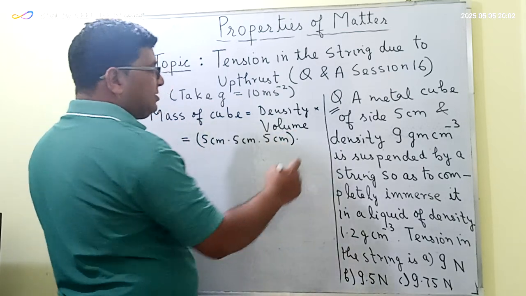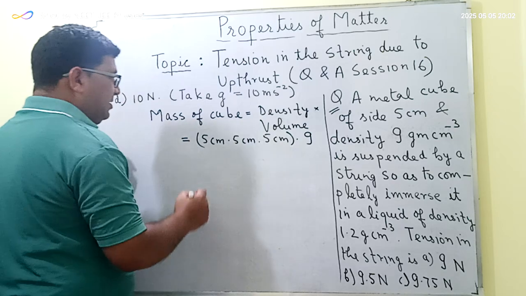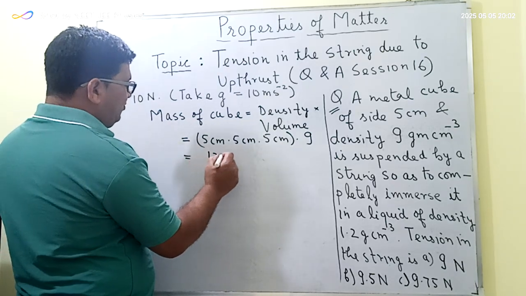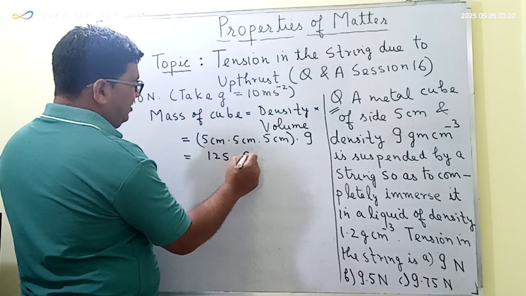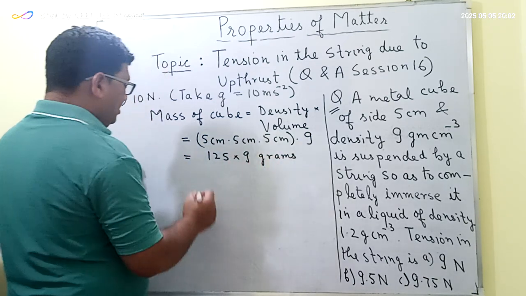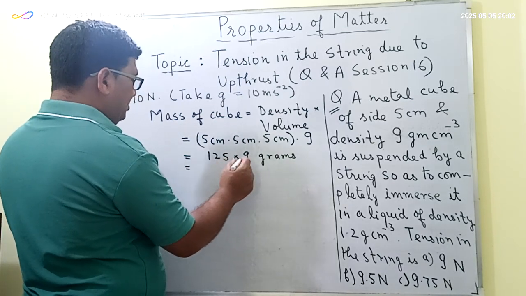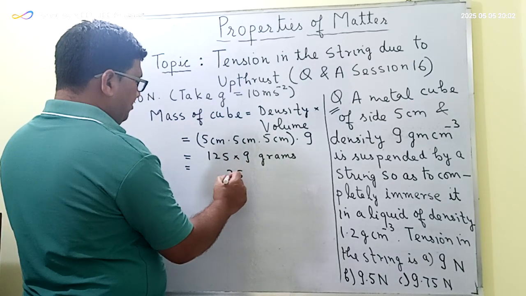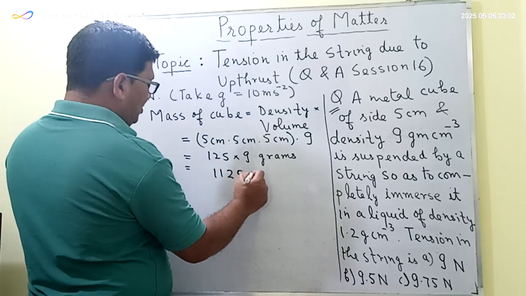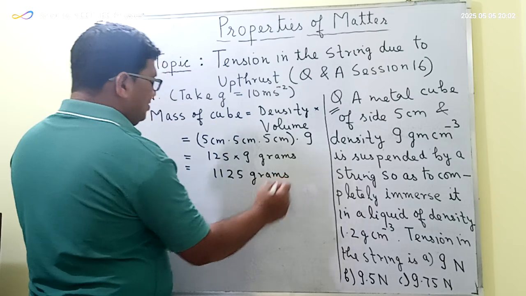So density here is equal to 9 gram per cubic centimeter. So here the mass will be equal to 125 into 9 grams, and this is equal to 1125 grams.